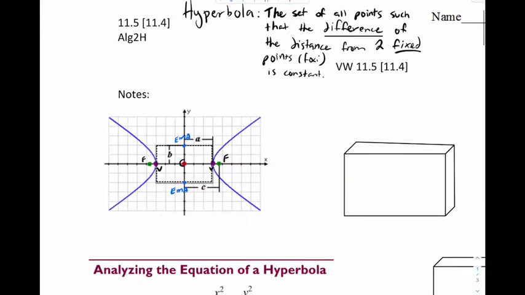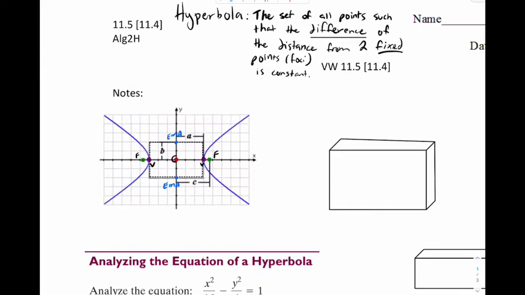So I'm going to give you the generic formula. x squared over a squared minus y squared over b squared is equal to 1. Notice how it's pretty much identical to the ellipse formula, except now you have a minus. That's the key thing here.